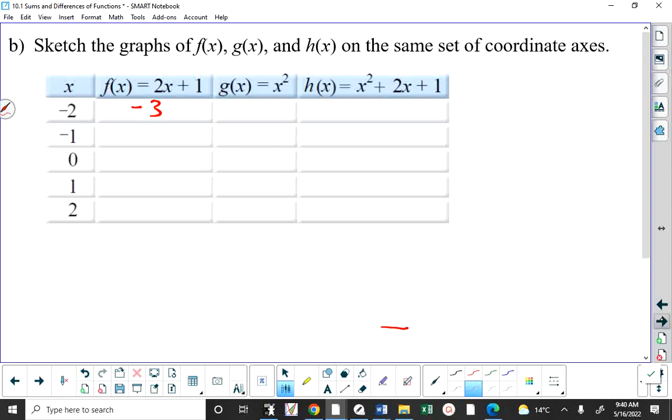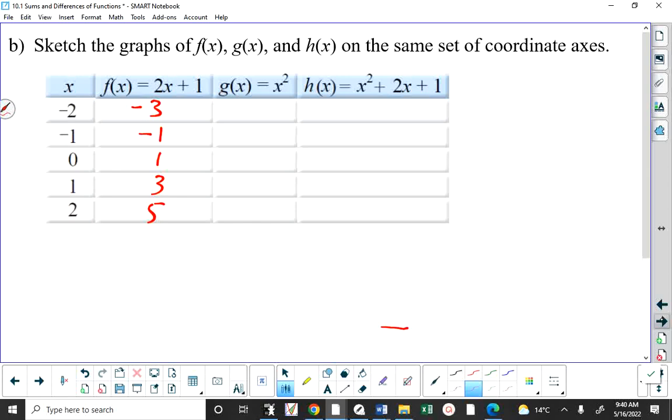When I use -1, I get -1. Now I'm going to cheat a little bit here. I know that the slope of this line, if I were to graph it, is 2. So every time x goes up by 1, y goes up by 2. So this would be 1, this would be 3, and this would be 5. But you can double check with substitution. Am I okay with that? Are you okay with that?